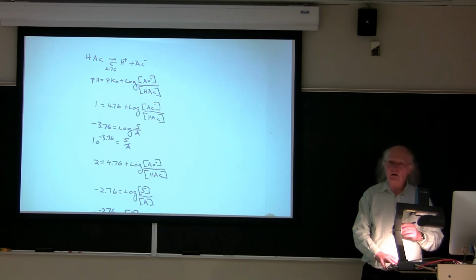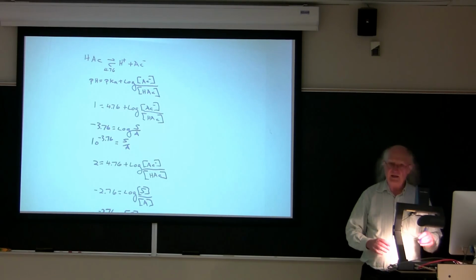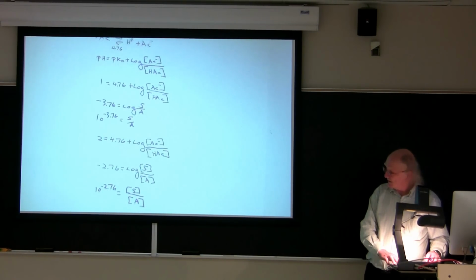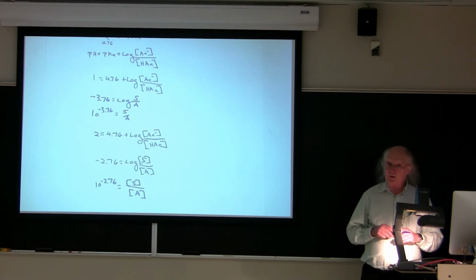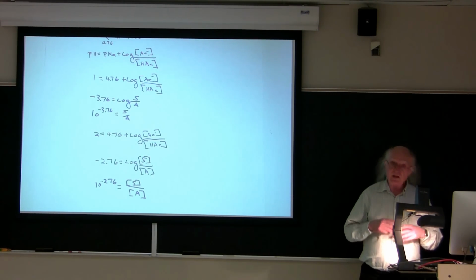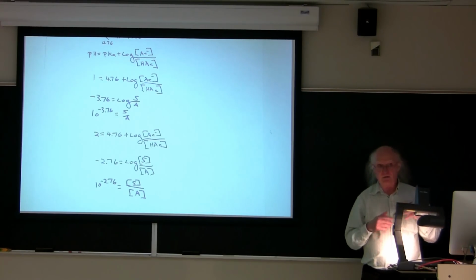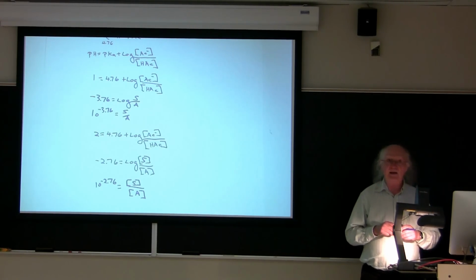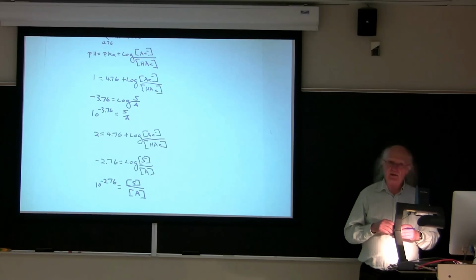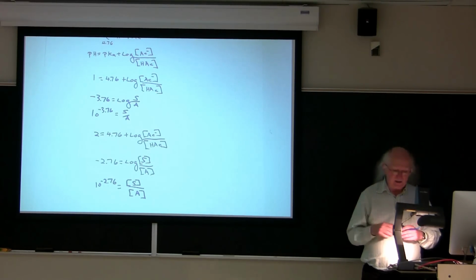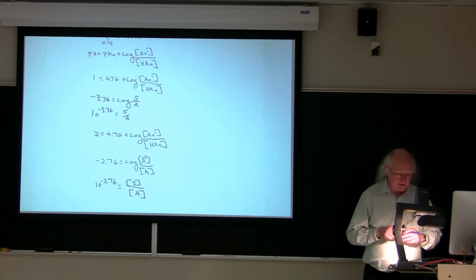And again, I have solved the problem. Notice here that 10 to the minus 2.76 is not quite as small of a number as 10 to the minus 3.76. So it means that there's now more salt to acid ratio. There's a little bit more ionization that has happened at a higher pH. And that's not surprising. The higher the pH, the more ionization or the more loss of protons we will see by the acetic acid.